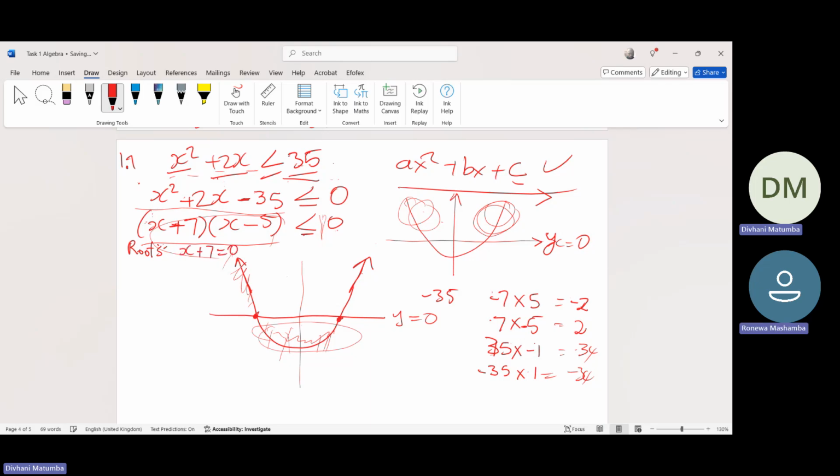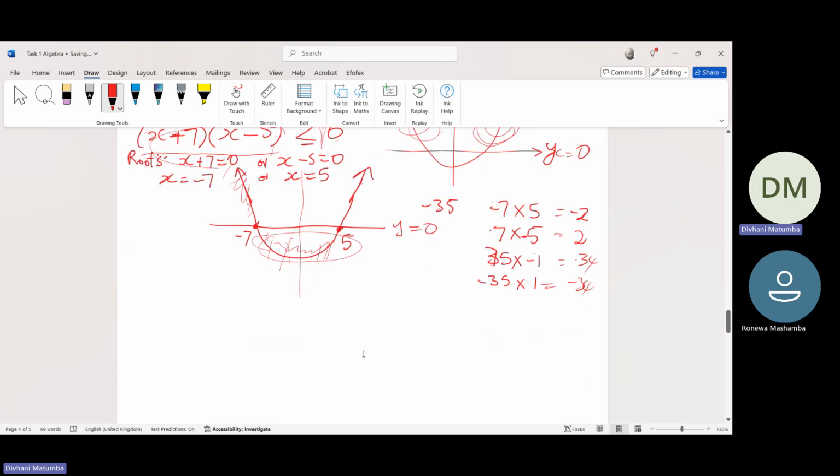Do you agree? Yes. So x would be minus 7, or x equals 5. Which one is 5? This is minus 7 and this is 5, right? Yes.